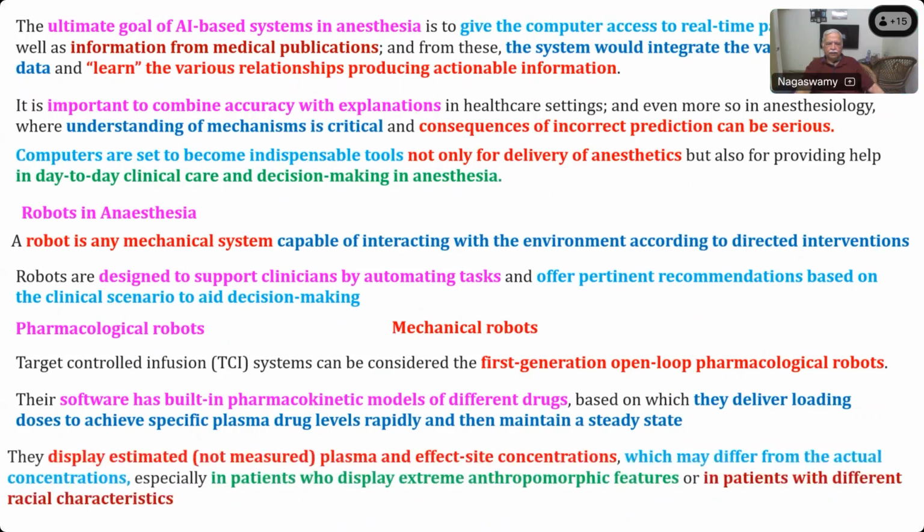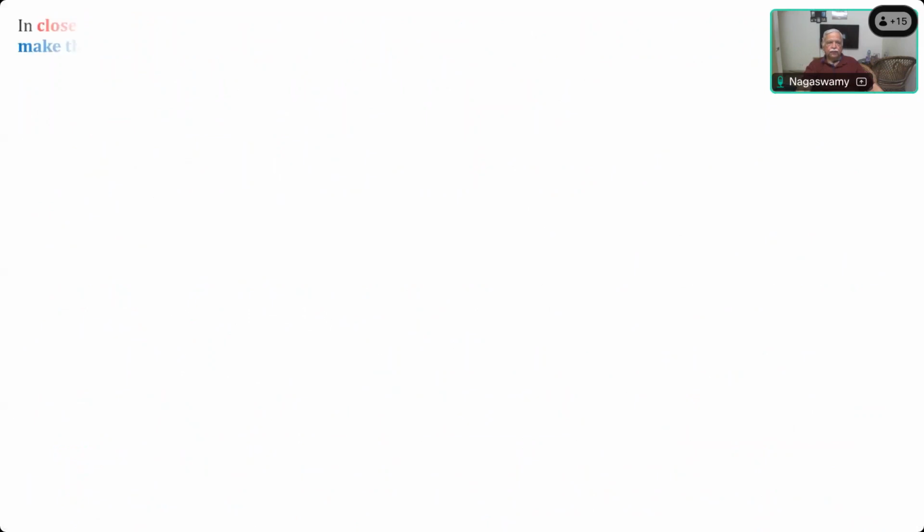And then the display estimated, even though it is not exact, the effect site concentration, based on the anthropometric measures with different racial characteristics of patients, they could now modify it in such a way that it will take care of the dosage that has to be infused into the patient.